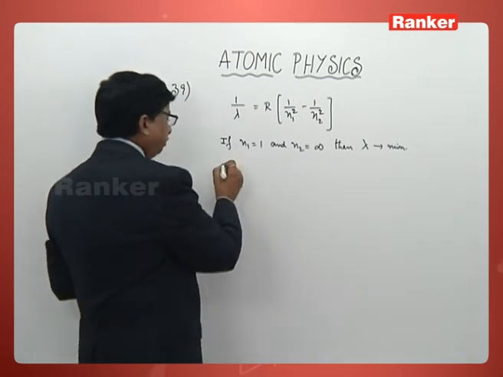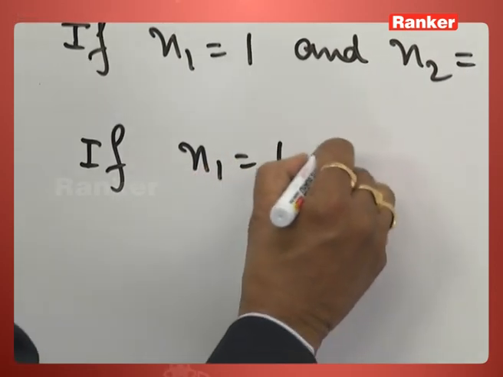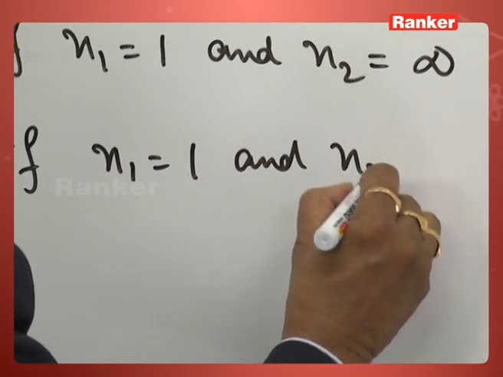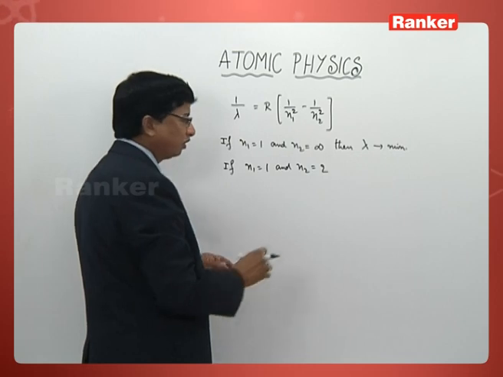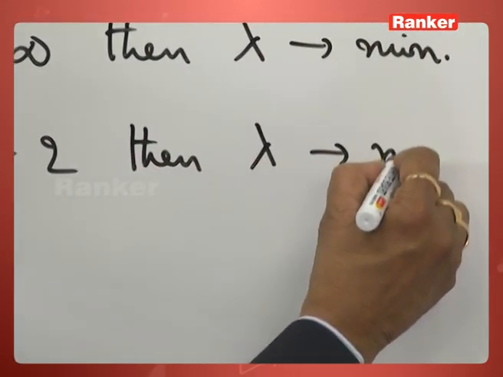Taking the same concept this way, if N1 is equal to 1 and N2 is equal to 2, then you will get the value of wavelength as maximum.